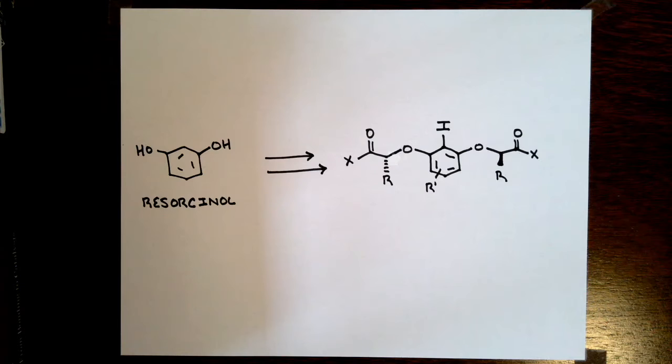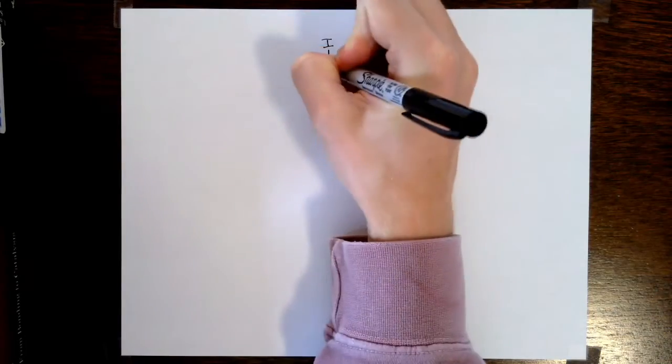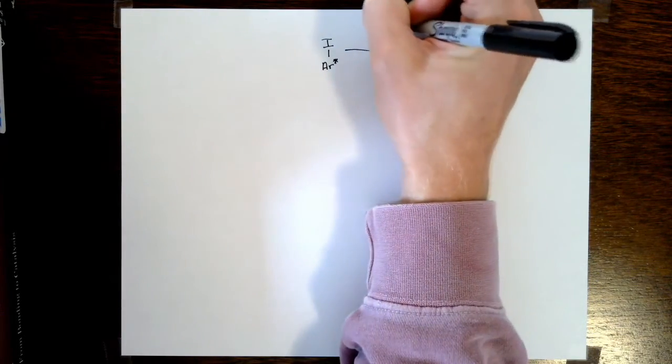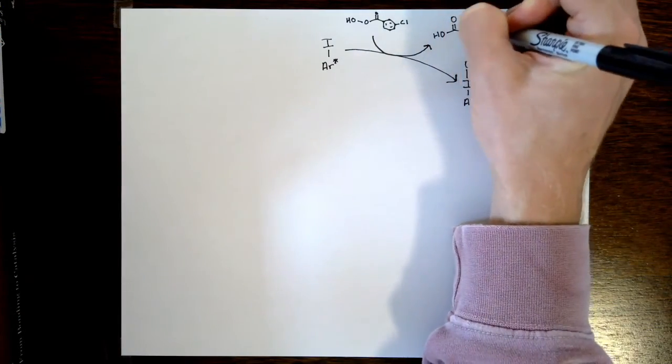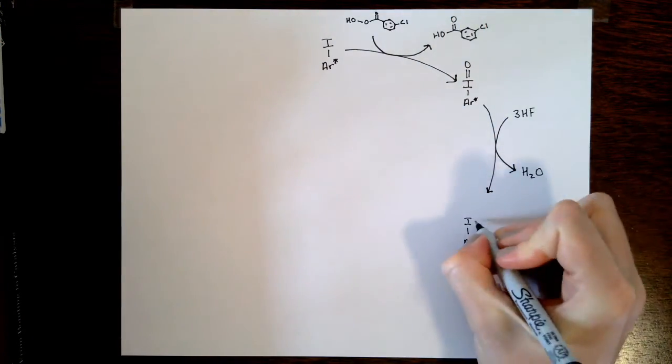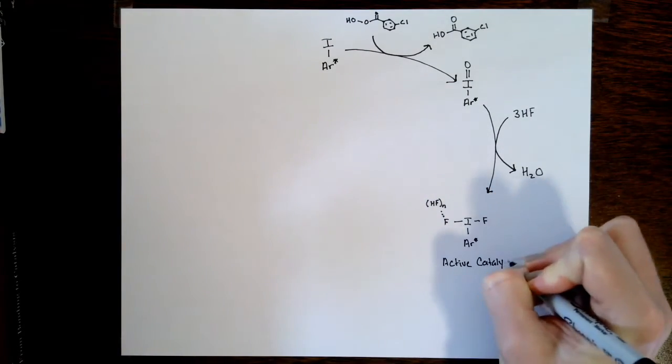So the Jacobsen group has leveraged this type of catalyst to do a variety of different transformations, including the one in this paper today. Looking at the catalytic cycle of how these iodoarenes catalyze this functionalization, they start by being oxidized by mCPBA to the iodosylarene, which is then followed by deoxyfluorination with an HF source.